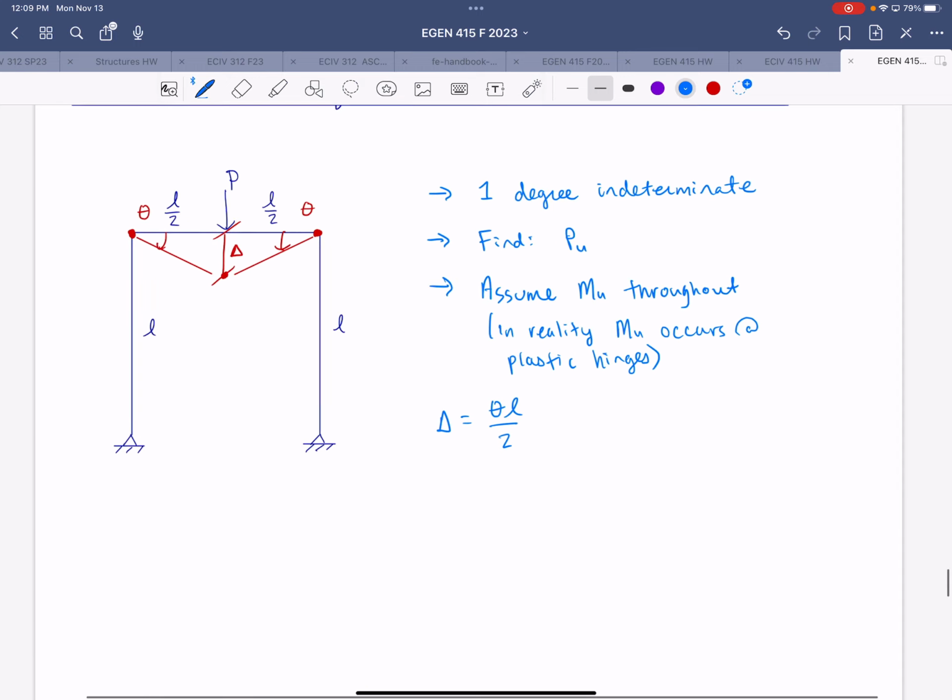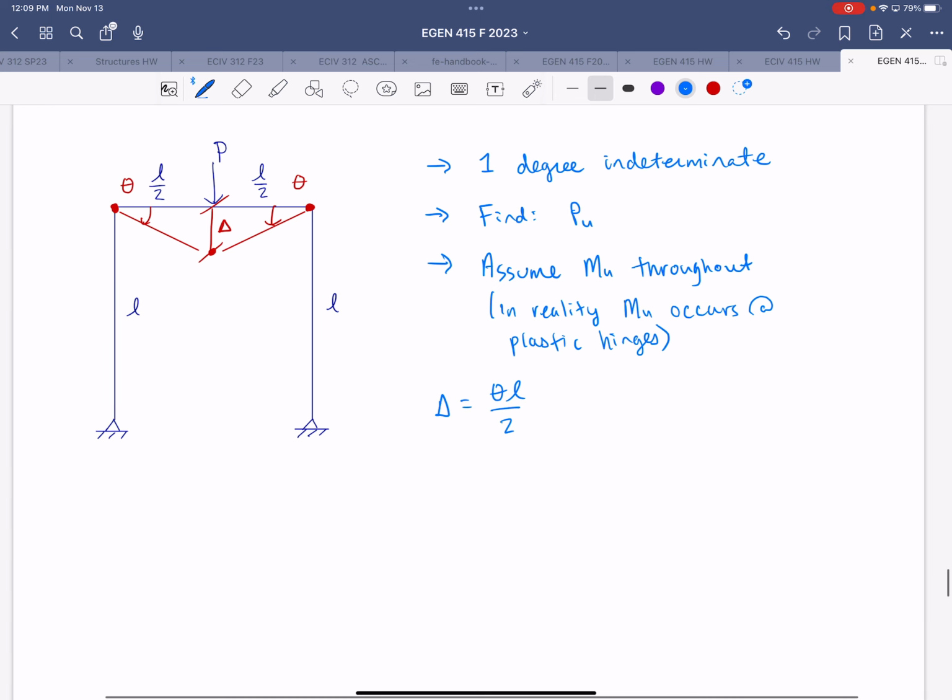To investigate this more closely, we will look at just the beam, since the columns aren't participating in this collapse mechanism. Isolate the beam.